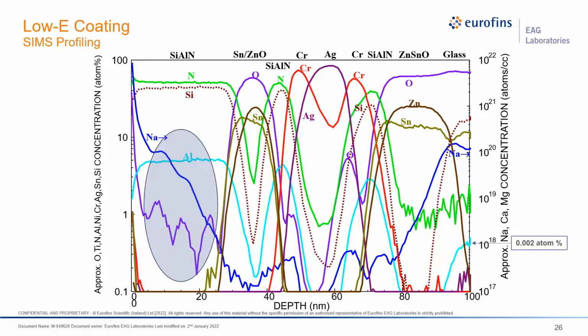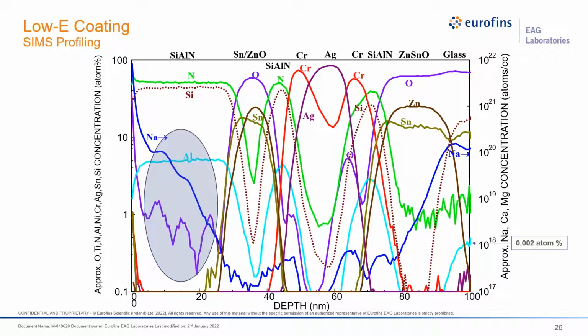One thing that happens in these glasses is heating or annealing them to make a tempered glass. And the worry when you do the heat treatment of these glasses is what happens to these layers.